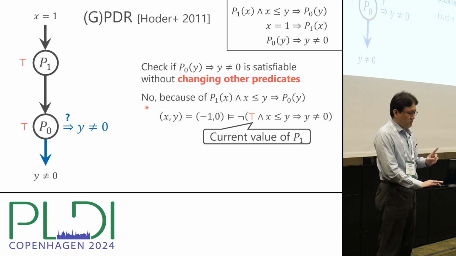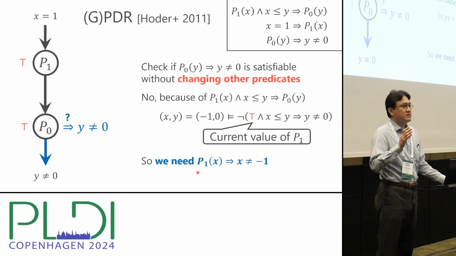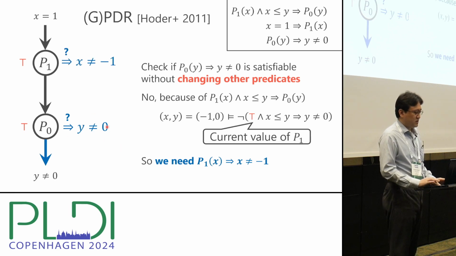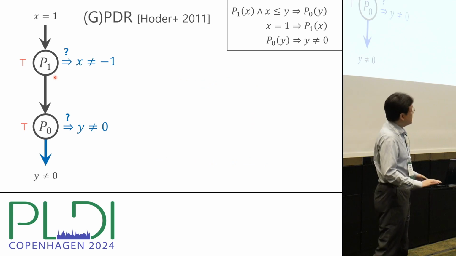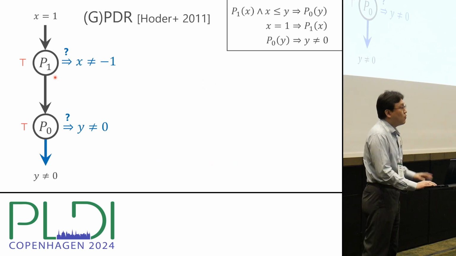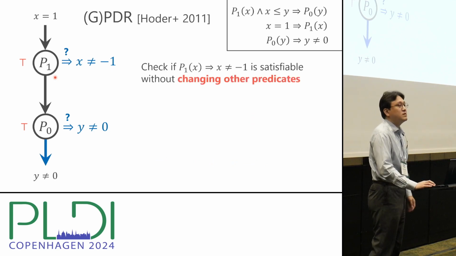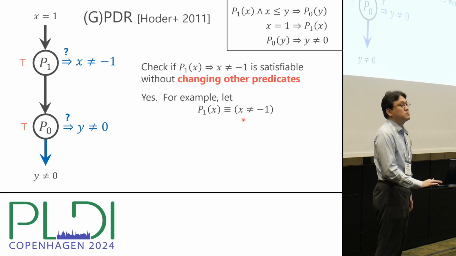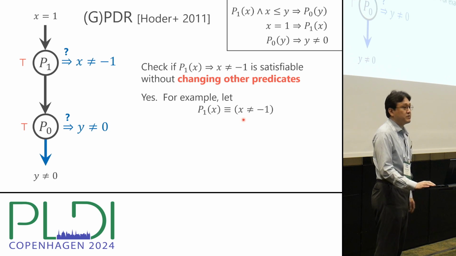So we now observe that P1 must be false on -1 in order to achieve this goal on P0. So we propagate this information to this predicate. Then we try to resolve this locally, and it's possible simply by letting P1 be x not equal to -1. And this does not contradict any other constraint. So we can update it. So we do that.